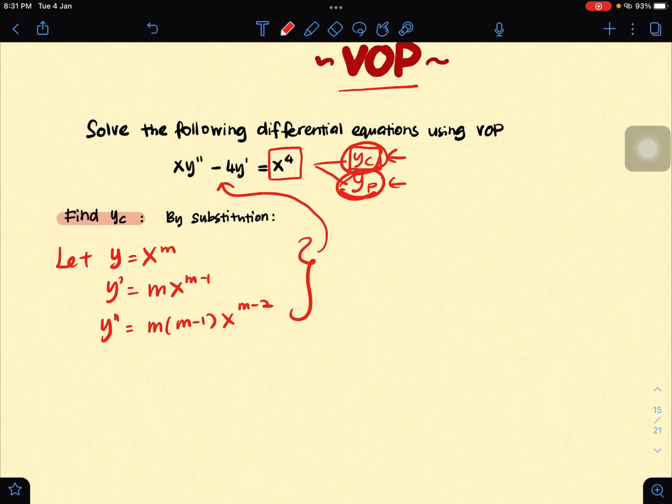So what you have here is x, your y double prime is m square minus m x to the power of m minus 2, minus 4 y prime. We let it equal to 0 because we want to solve the homogeneous part to find the YC.